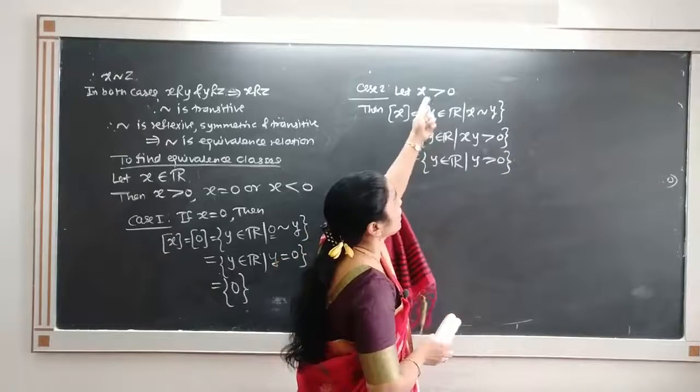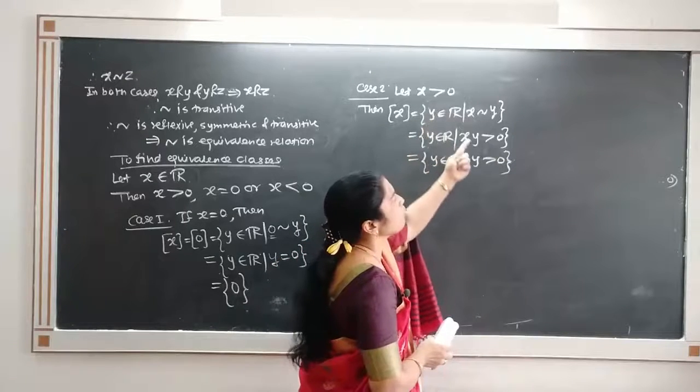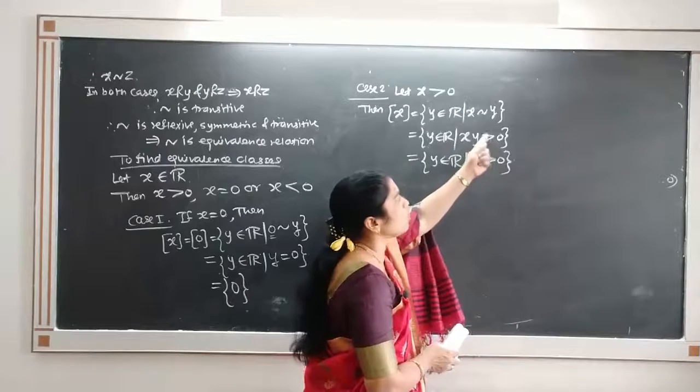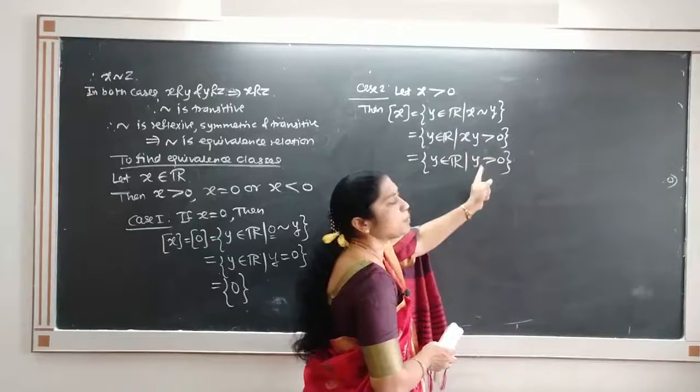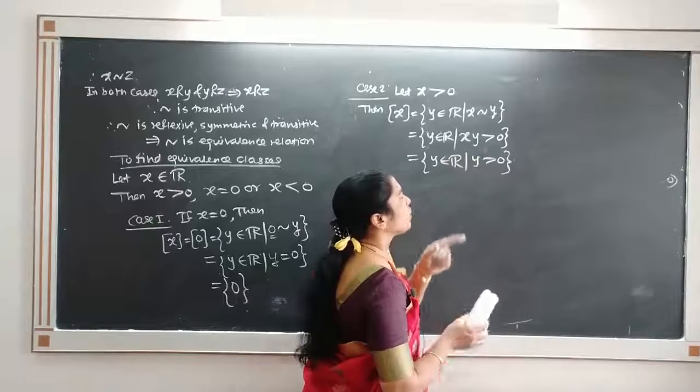Because it is given that x is greater than 0 and we want the product also greater than 0, this will happen if and only if y is also greater than 0.